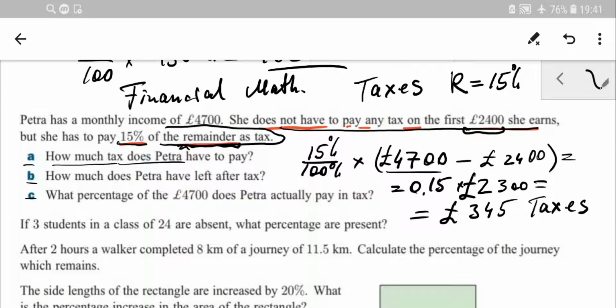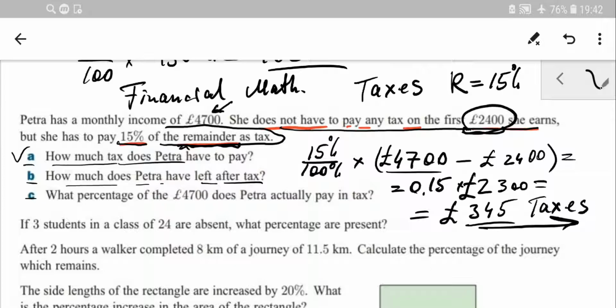That's taxes, all right? So we've got A. Next, how much does Petra have left after tax has been paid? What does it mean? She paid taxes, but she had an initial amount. From the initial amount, she needs to subtract, because that's payment made in favor of the government or taxation authorities.